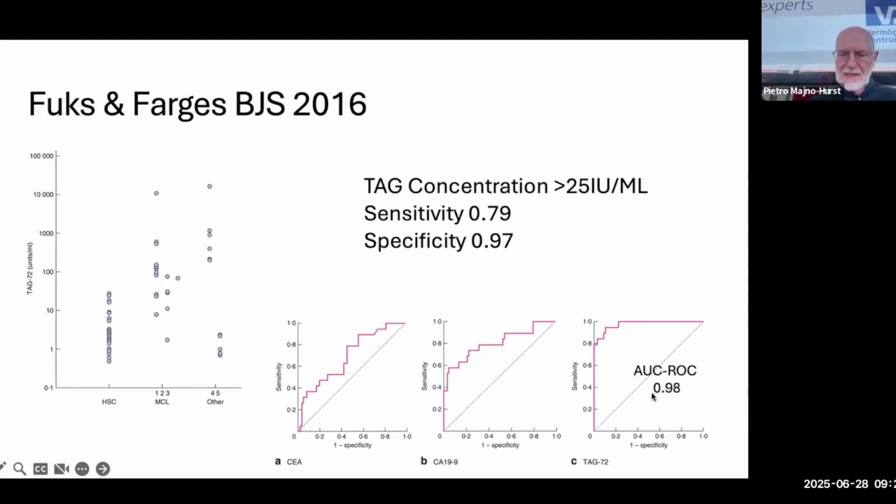And on the basis of this, I would take it as a worrisome feature. If we can talk about worrisome features for biliary cysts, the fact that this patient has a dilatation of the bile ducts, I would puncture the cyst and send the fluid for the glycoprotein to be measured.